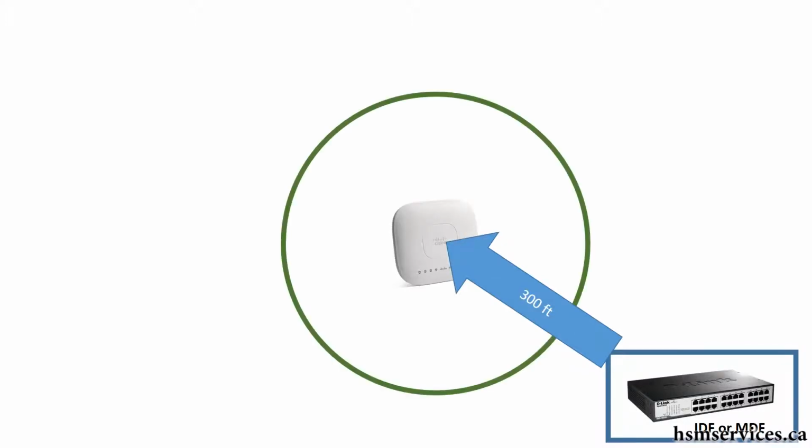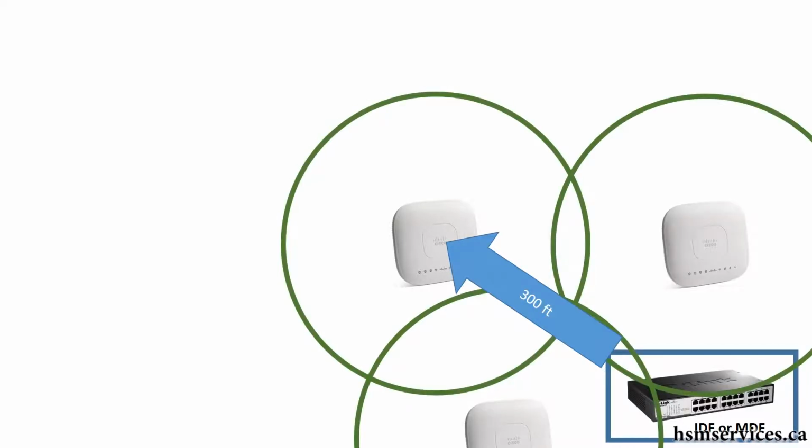If we put an access point here, this green circle is the coverage area of that cell, and that's pretty much all the coverage we can get. So we add some overlapping access points here and here, and now we've covered this area with Wi-Fi. But what about here? Where's our Wi-Fi here? What do we do?